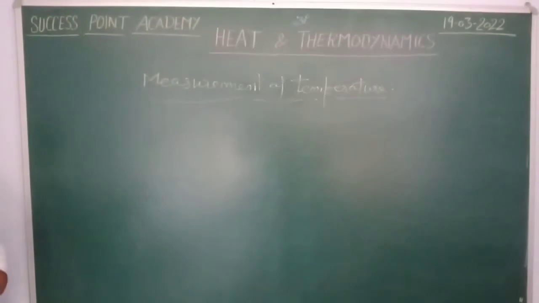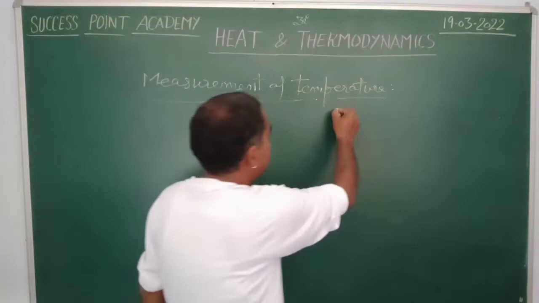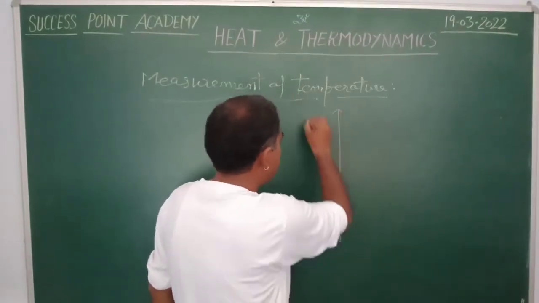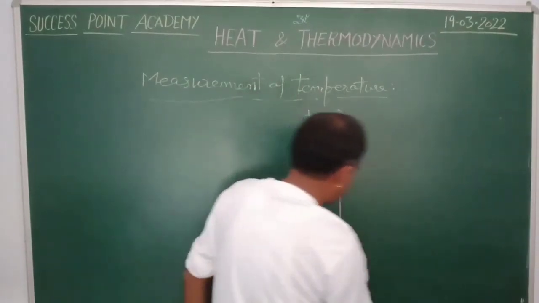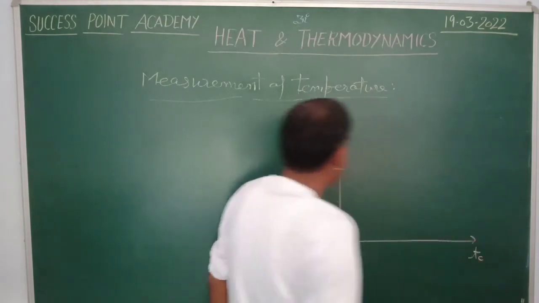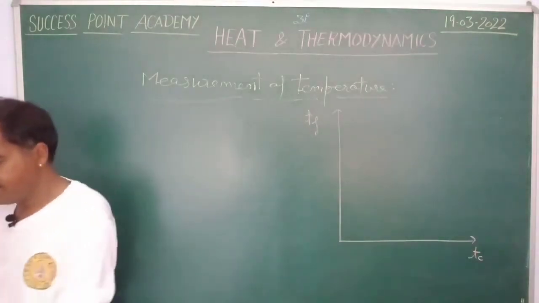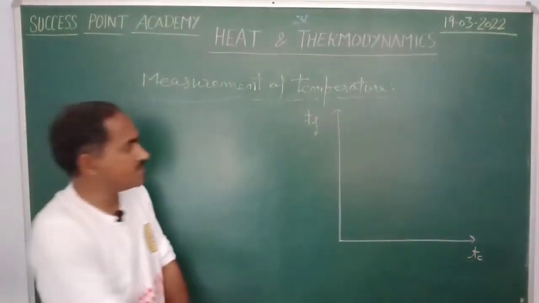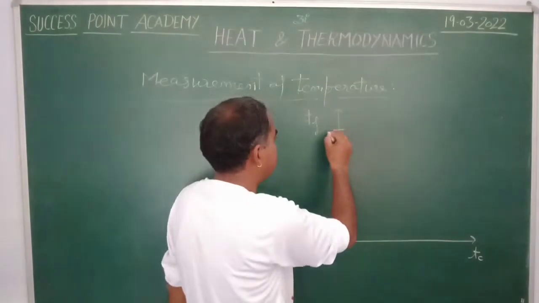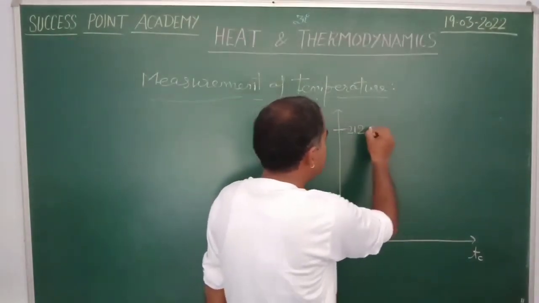You will draw a graph where it is TF and it is TC. So if 212 comes here, then it will be like this.